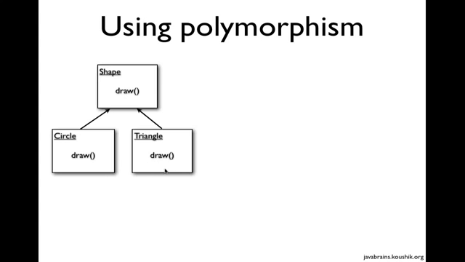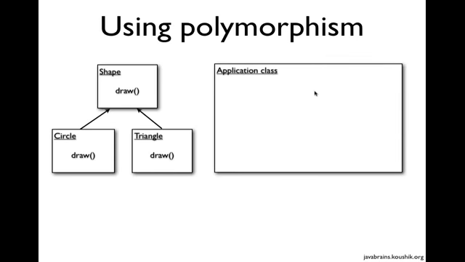Now if I have to use polymorphism in my application class, what I would do is in my application class I would write code like this. Instead of instantiating a triangle, I would say Shape shape = new Triangle. Instead of saying Triangle triangle = new Triangle, I'm going to put this inside a Shape object. Similarly, I'm going to instantiate a circle and put it inside a Shape object.